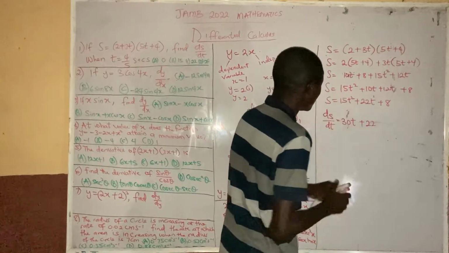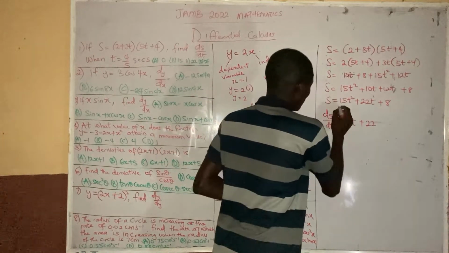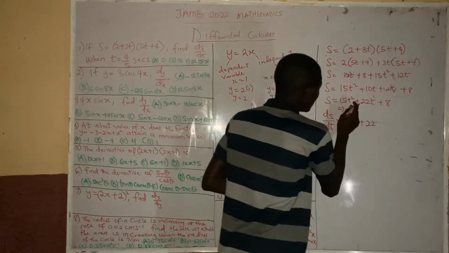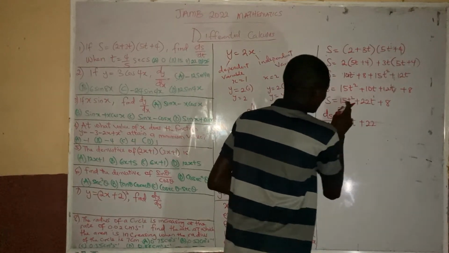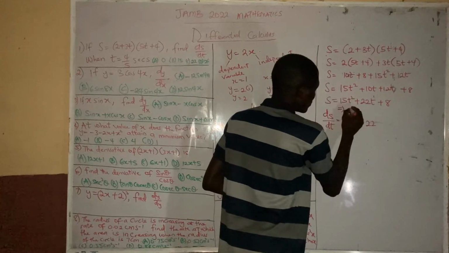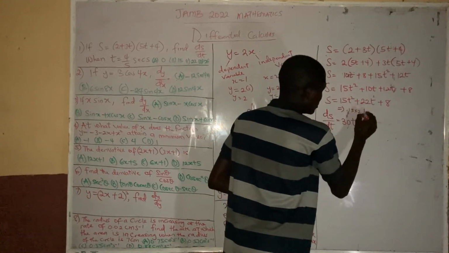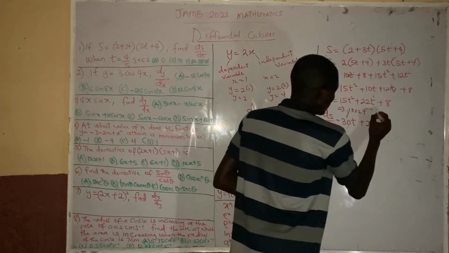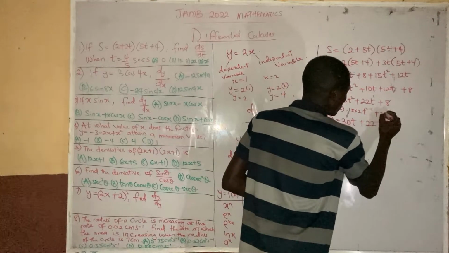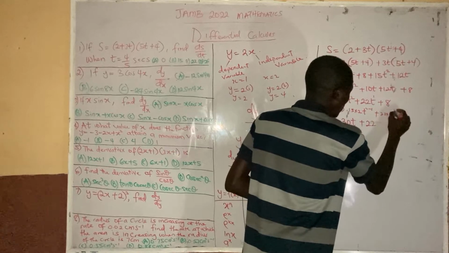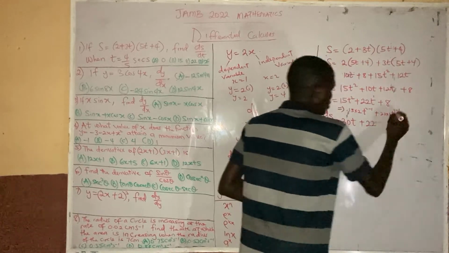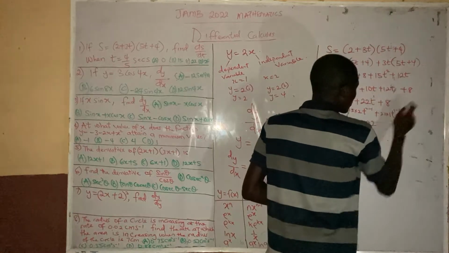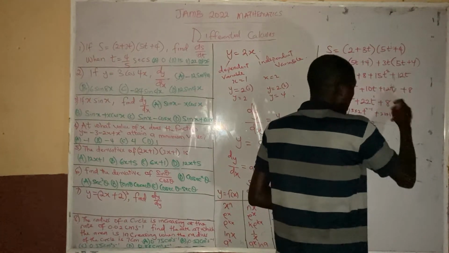Let me come again. To differentiate this, 15 times 2 times t to the power 2 minus 1, plus 22 times 1 times t to the power 1 minus 1, plus the differential of a constant.